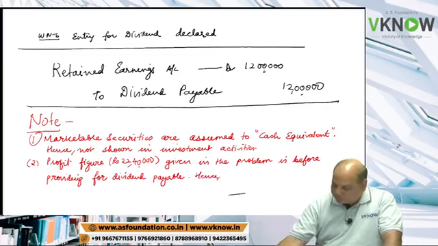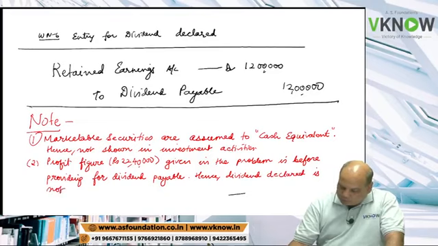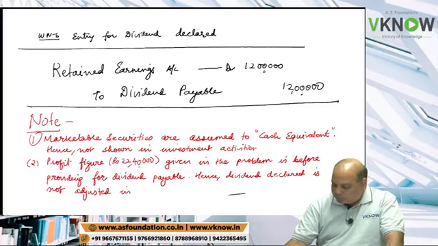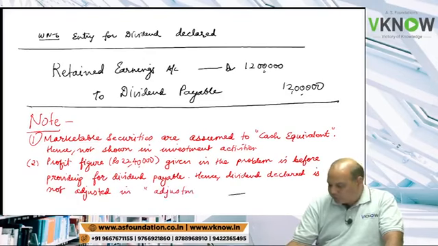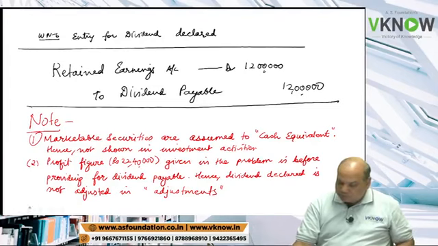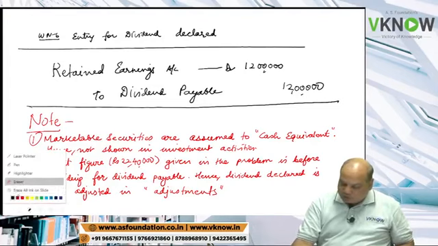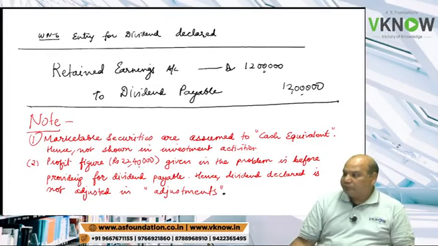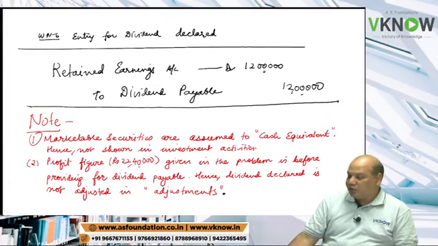Hence, dividend declared is not adjusted in adjustments.